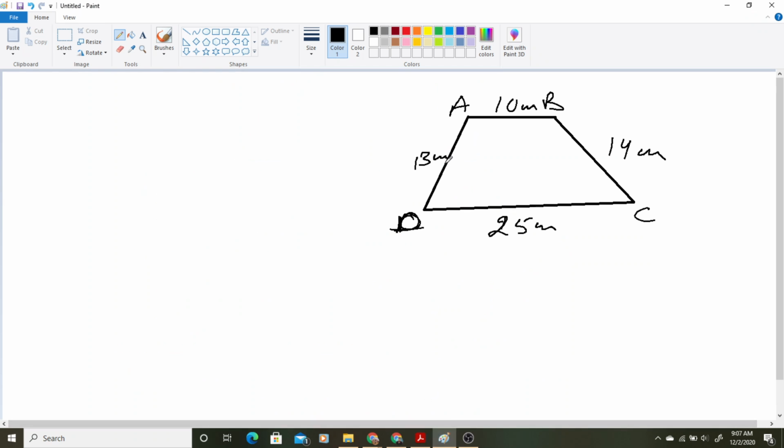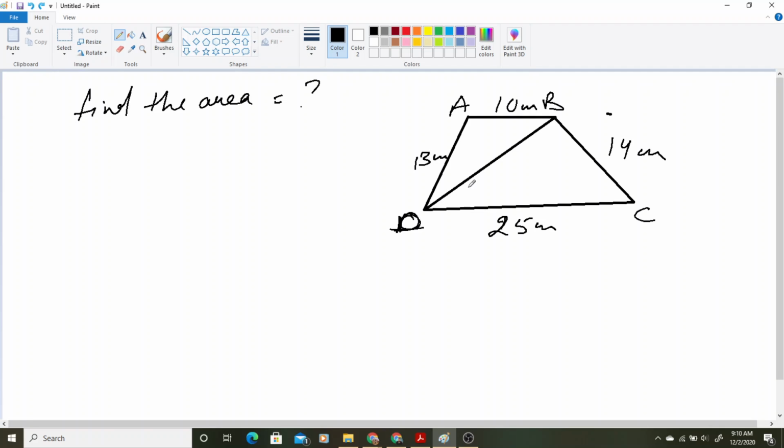We have to find the area of this field. Okay, how will you find the area of this field? Any idea, anyone? You can join this BD, that's correct. Then this is divided into two triangles, but the problem is still we can't find this BD.